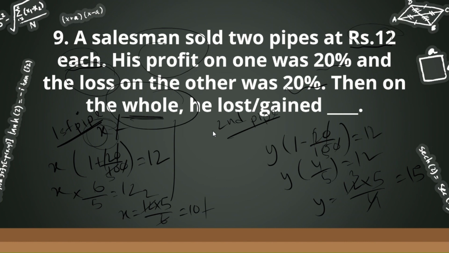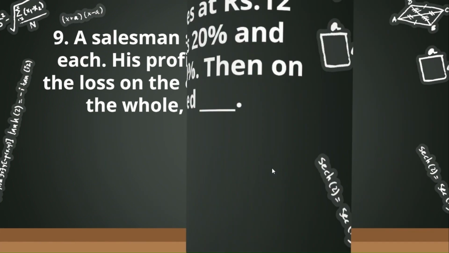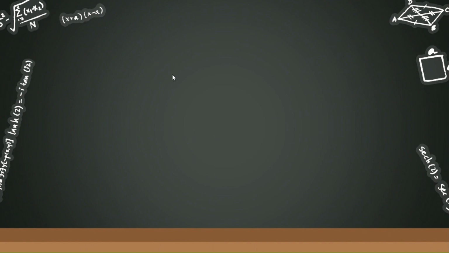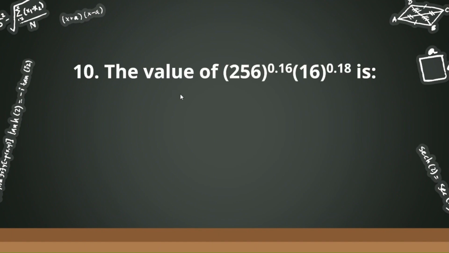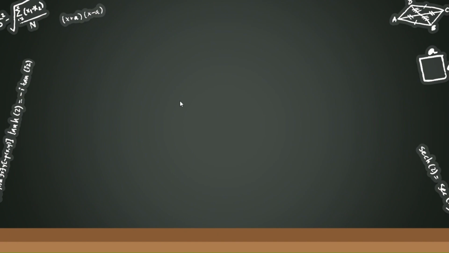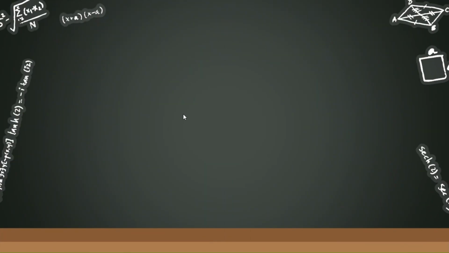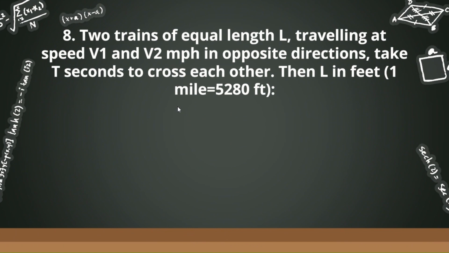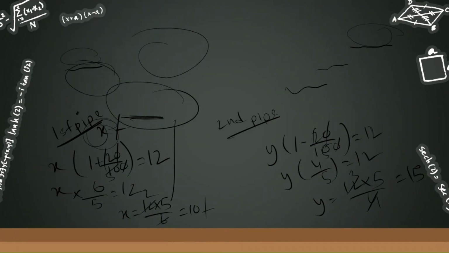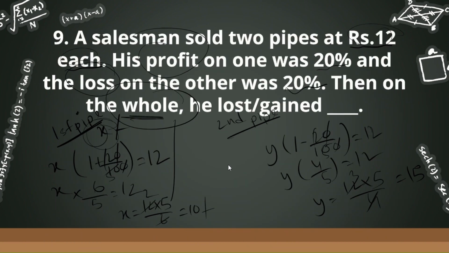For that we need to find the total for both the pipes together, before the profit was added and after the profit was added. Let's do it here.